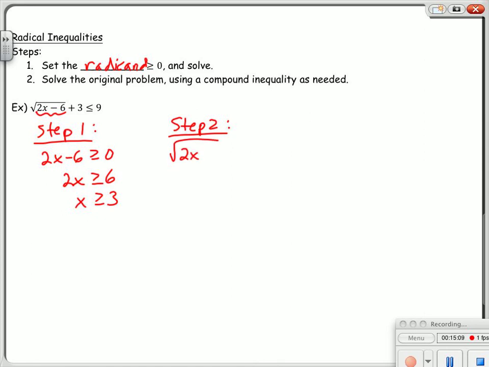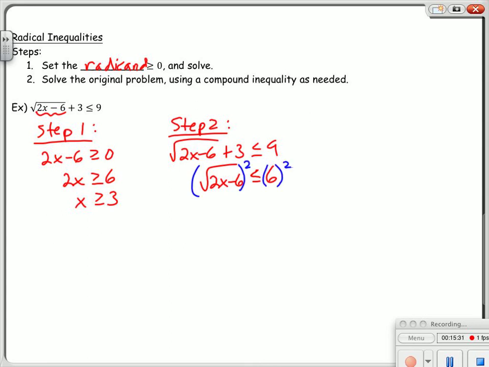You have the square root of 2x minus 6, plus 3, is less than or equal to 9. Subtract 3 from both sides, giving you the square root of 2x minus 6 is less than or equal to 6. We've successfully isolated the radical. Its index is 2.